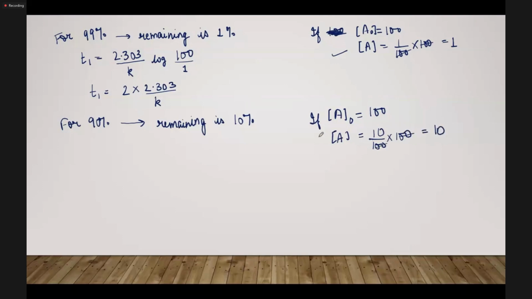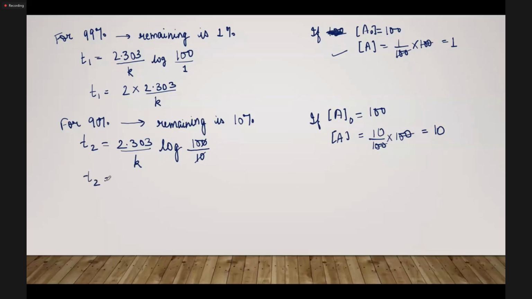So final would be 10. So T2 would be 2.303 by K log of initial 100 and final 10. Log 10 will be 1.